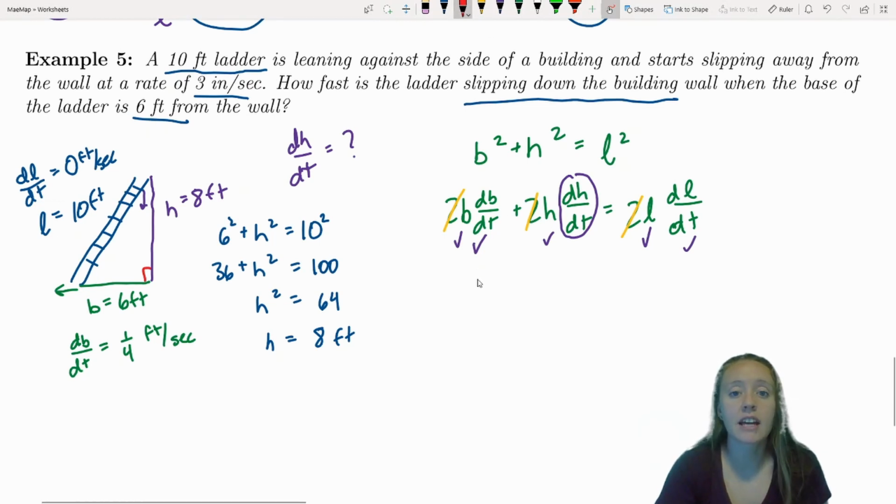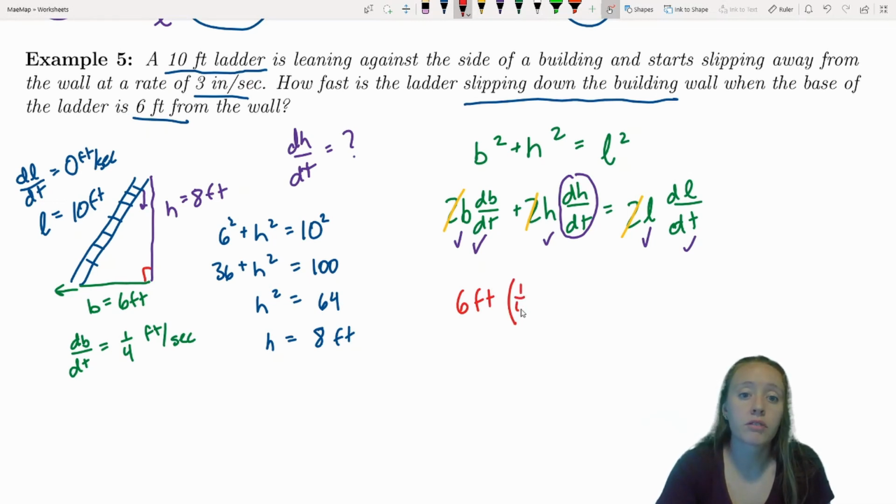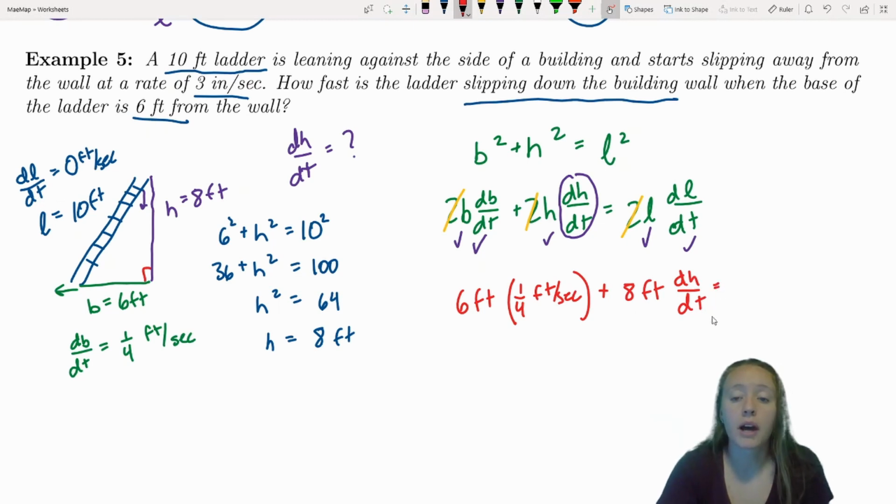So plugging everything in, I'm going to get b of 6 feet times db/dt, which is 1/4 foot per second, added to h, which is 8 feet, and I'm trying to solve for dh/dt, so I'll leave that as is, and that's going to be equal to L, which is 10 feet, times dL/dt, that length isn't changing, so times 0 feet per second.